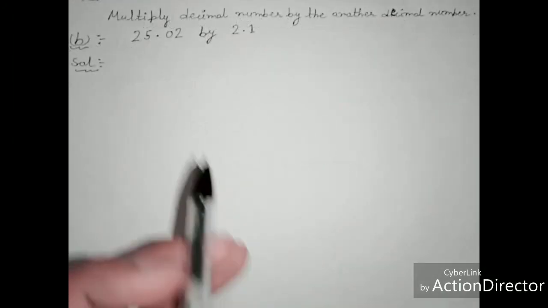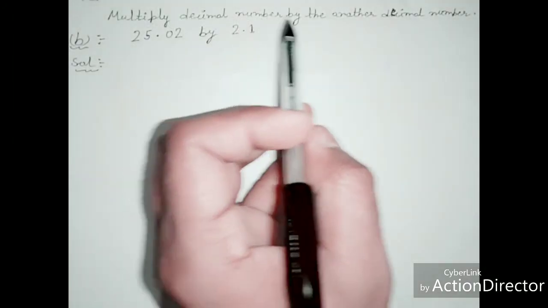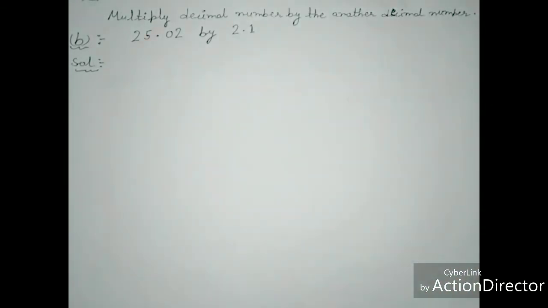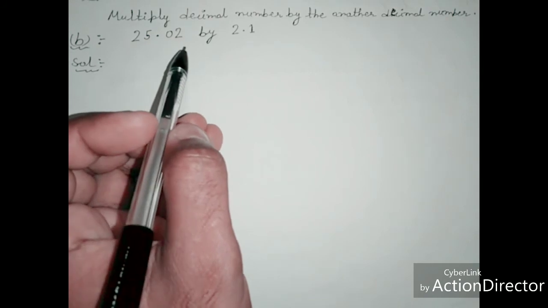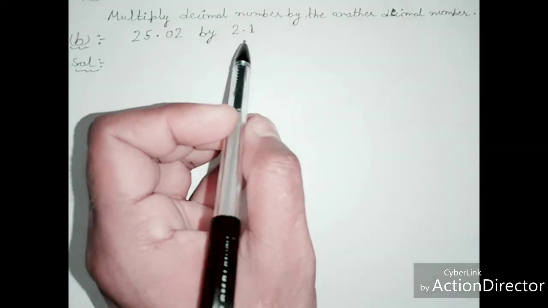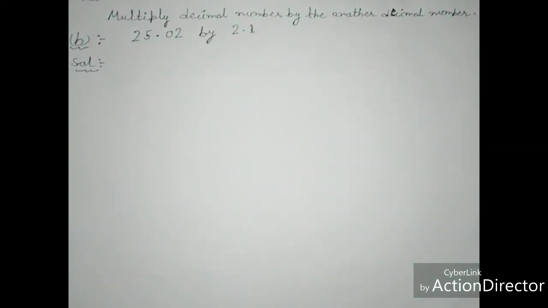Dear students, now here we multiply a decimal number by another decimal number. Example number B, 25.02 multiplied by 2.1.